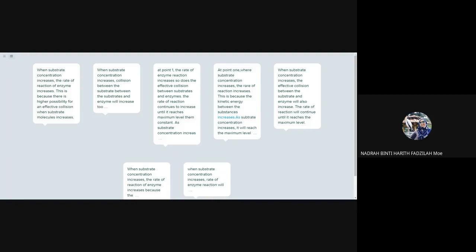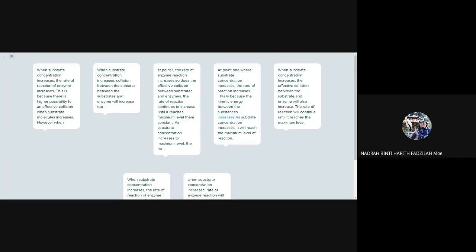Okay. At point one, good, Adlin and Adrina, because you stated it at point one. Let's first state who we are talking about, right? Okay, I agree with you. Number one, when substrate concentration increases, the rate of reaction of enzyme increases.